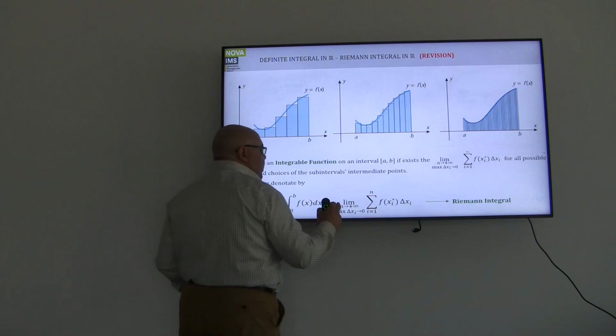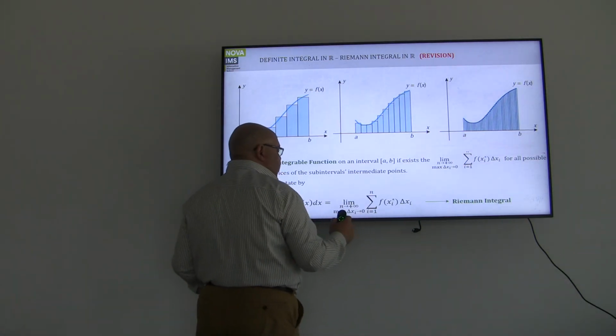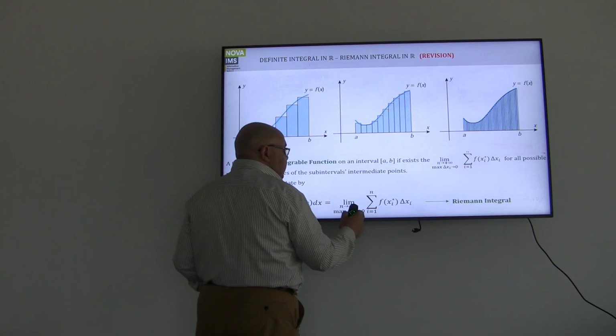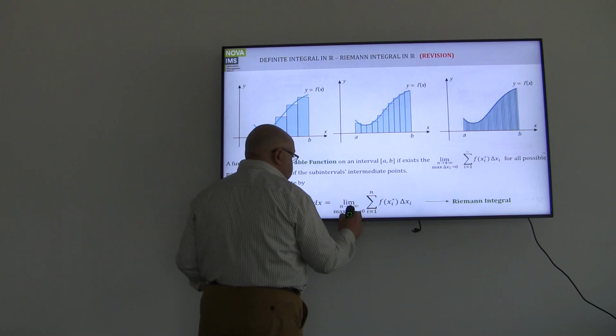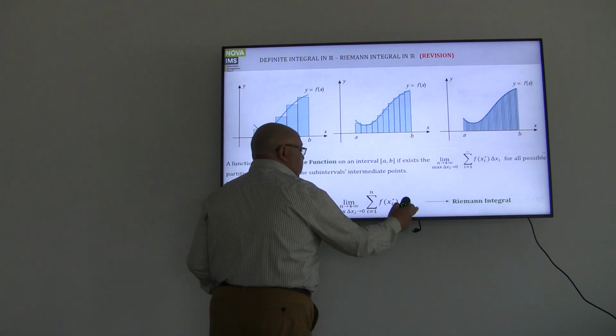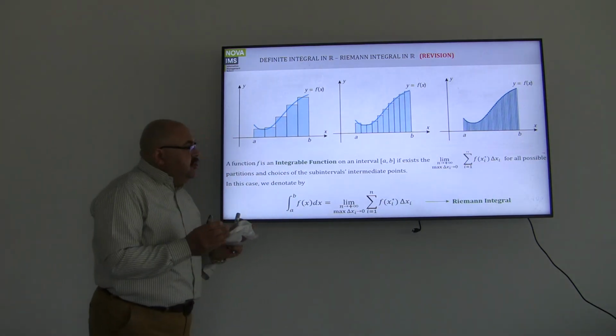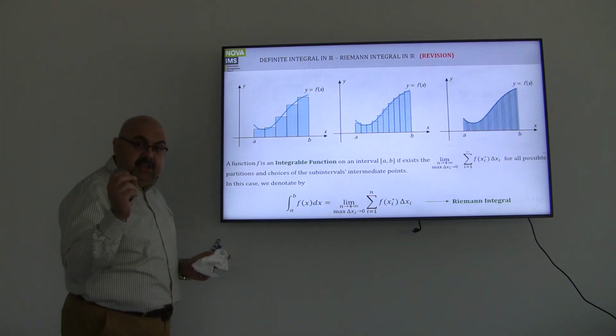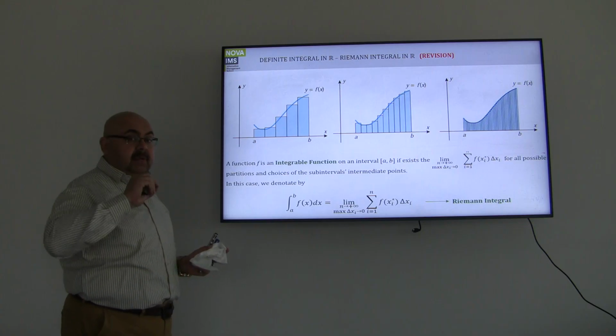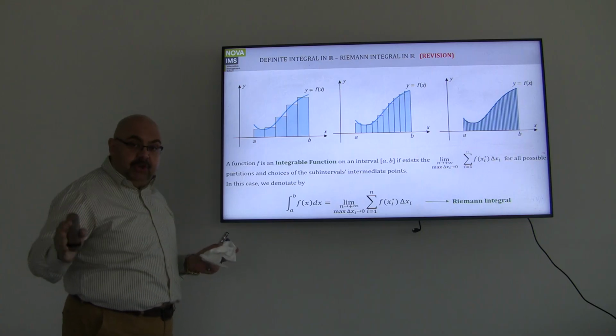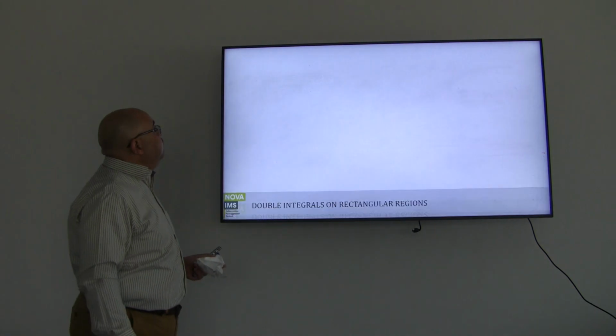It's exactly taking the limit as n tends to infinity, for the maximum of delta x tending to 0, of the sum of f of xi times delta xi. So these rectangles will have a very tiny width and they will be very close to the integration interval, as you can see.